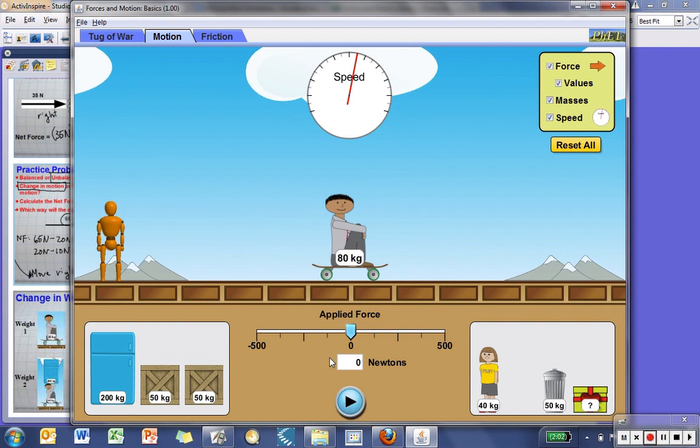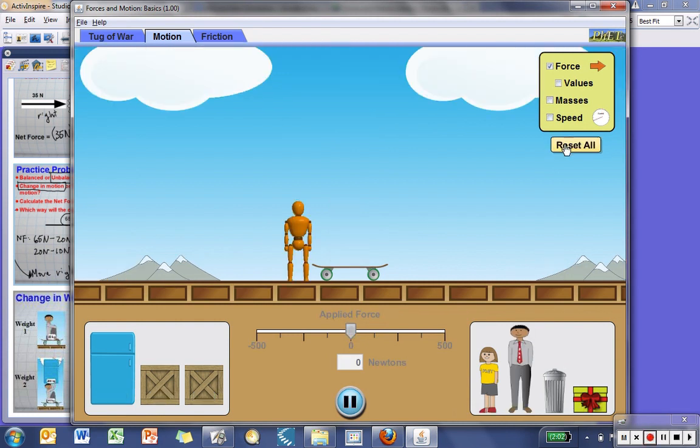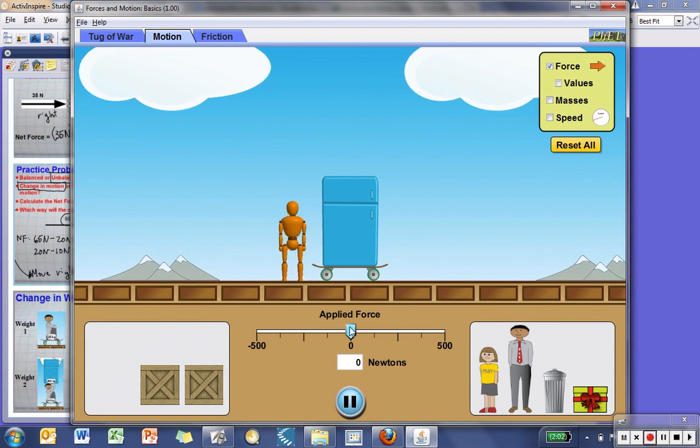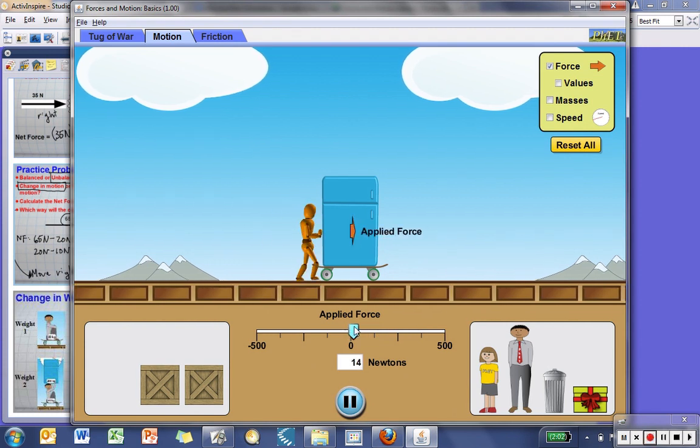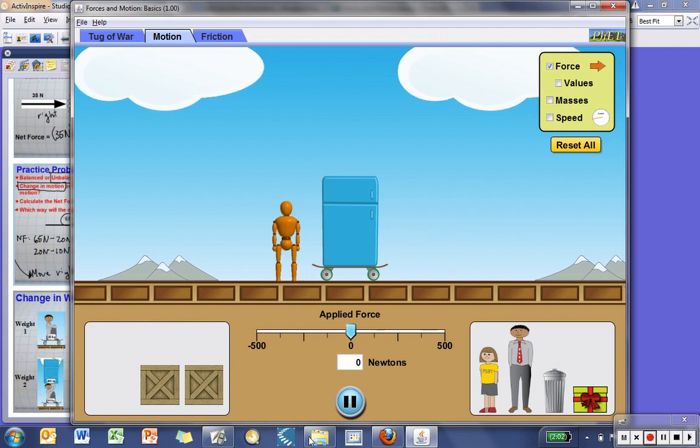All right, now let's see what happens when I reset all this. Again, remember, I was at 46 newtons. Now I'm going to put a refrigerator on him, and go back to 46 newtons and push him at 46 newton strength. Stop.